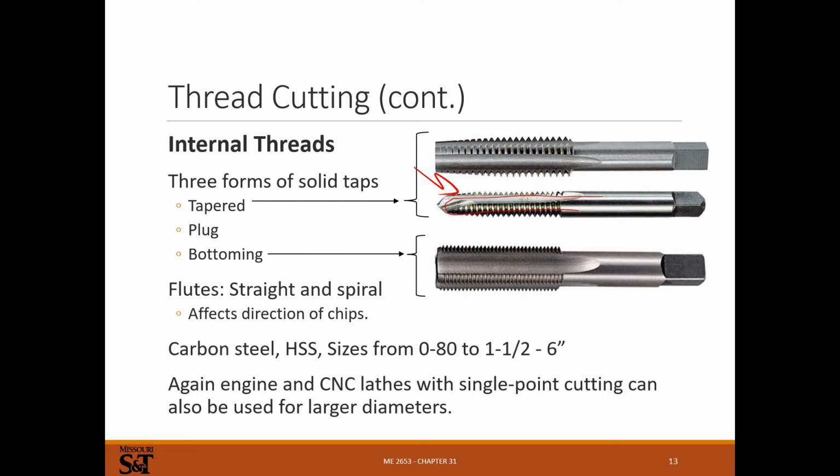So buy nice taps, and when they get dull, buy a new nice tap. You really can't sharpen these things. Maybe you could sharpen the point on some of the first few threads and make the whole thing shorter, but I've never done that or seen it done. So buy nice taps, and when they get dull, replace them.